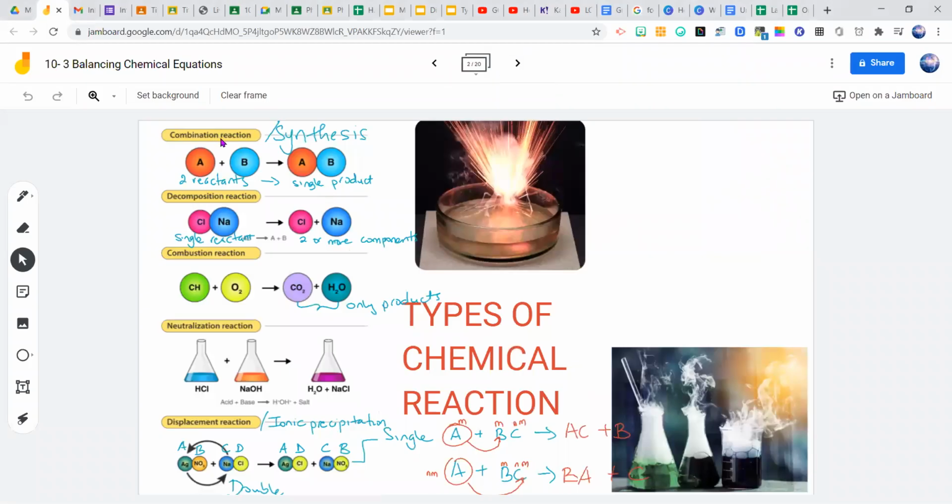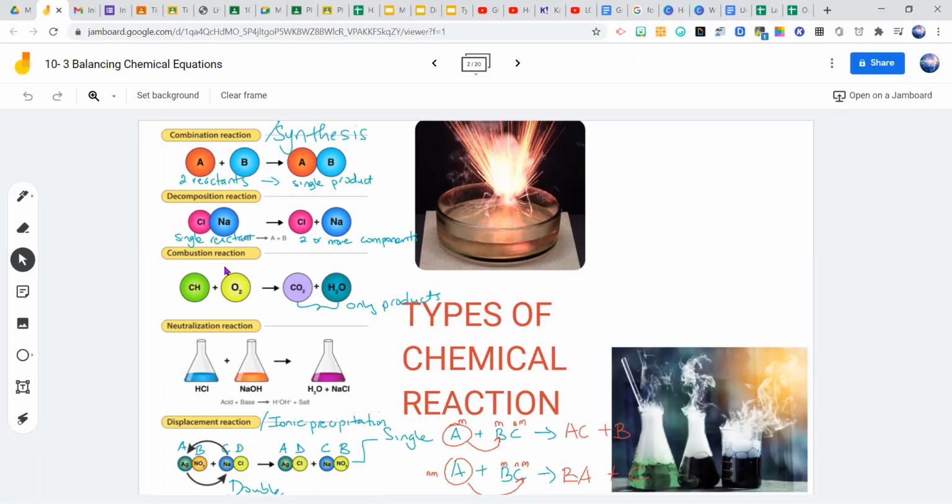We had combination reaction. Another name for that was synthesis, where we have two reactants joining to form a single product. Then we had the opposite, which was decomposition, where you had a single reactant and it was broken down into two or more different components.